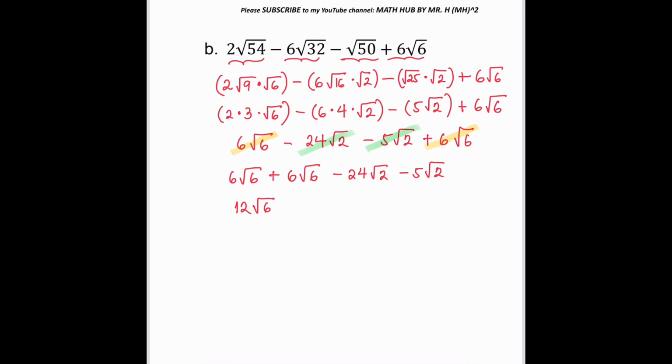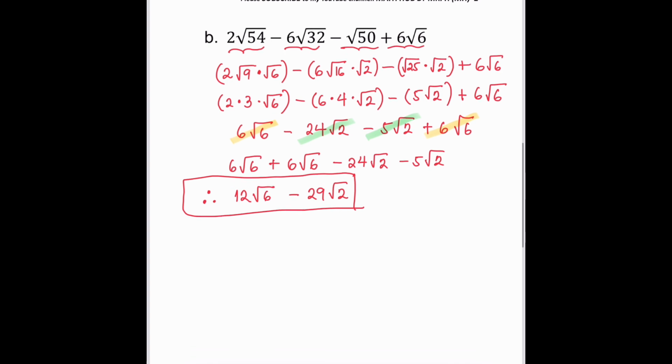There you go. And for the same group, negative 24 and negative 5 combined, it will become negative 29. And we just simply copy square root of 2. And that is the answer.